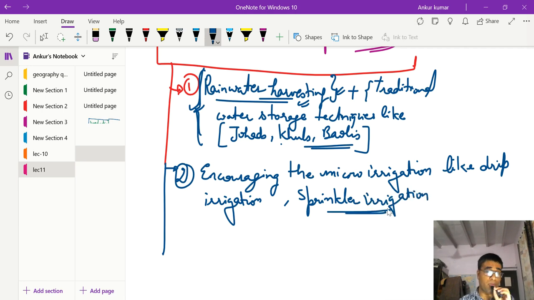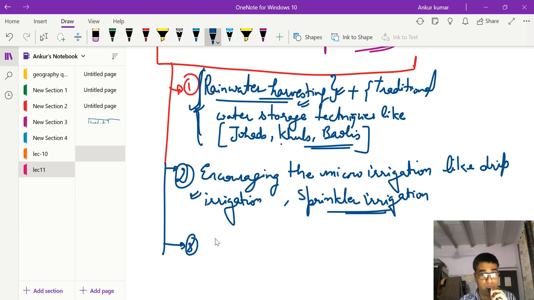These techniques have to be properly implemented in these zones, so that the water available is not wasted. We cannot simply use the flood irrigation technique in these areas that is most prevalent in Haryana and Punjab. When they cultivate rice, they simply flood the field with water. That technique is both ecologically harmful and a wastage of a natural resource like water. So this is the second method that we have to adopt.